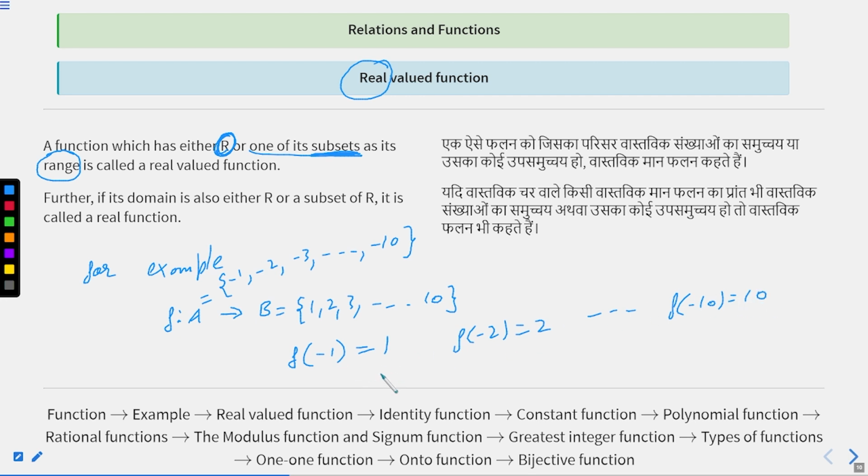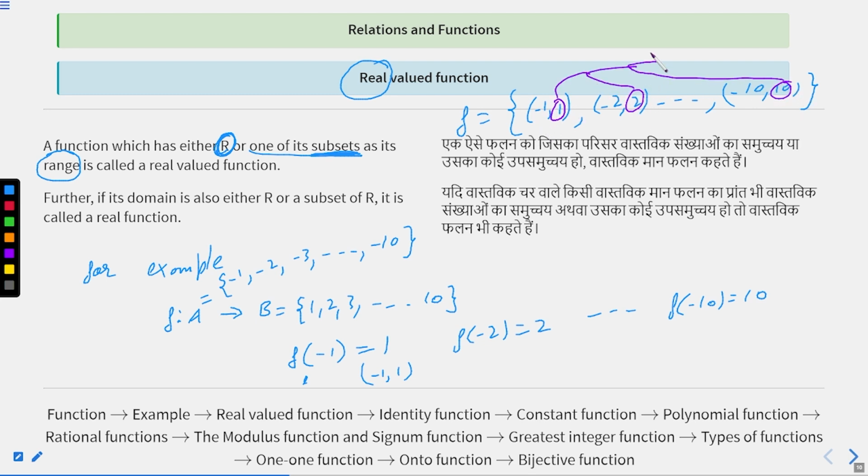The function f is the set of pairs (-1, 1), (-2, 2), till (-10, 10). We know the collection of all the second elements in the pairs is called the range.